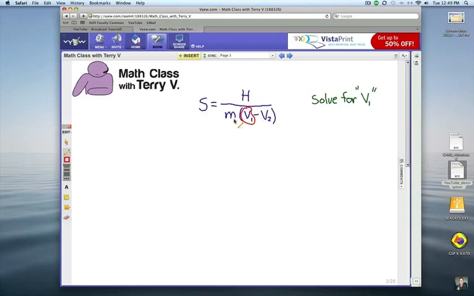Let's try to get rid of the M there. How do you get rid of an M that's in the denominator of a fraction? You multiply it.